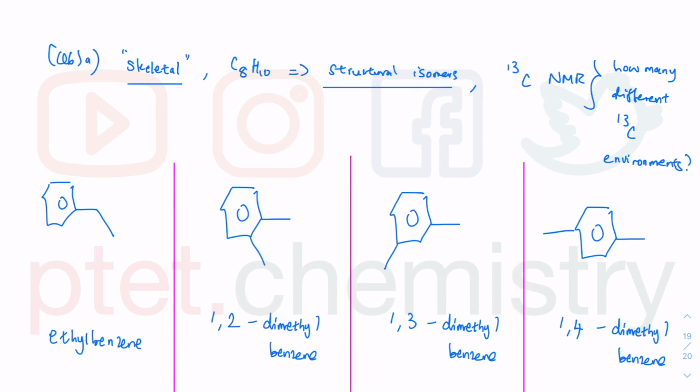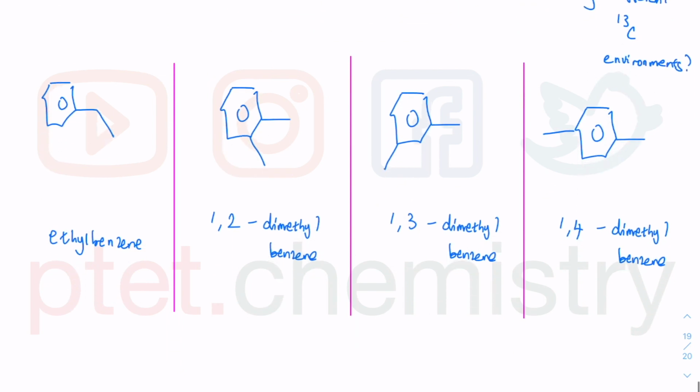Alright, so now having looked at these, we need to think about the number of carbon environments that are different. Here you can hopefully see there is a symmetry. This carbon is different from this carbon here. This carbon and this carbon are the same. They will appear as the same signal due to symmetry.